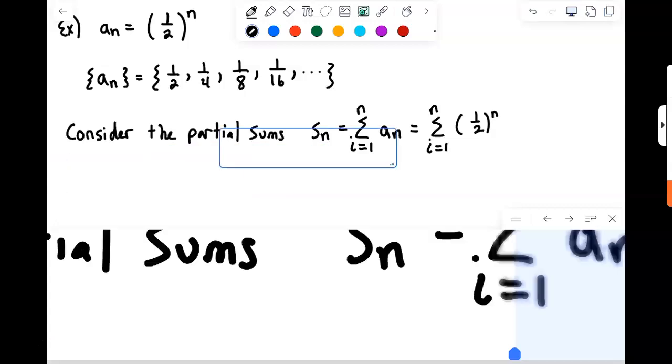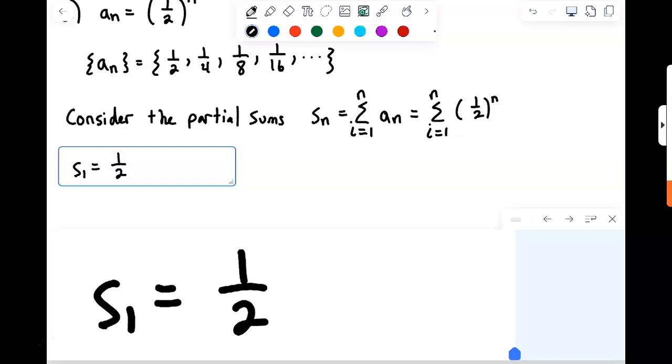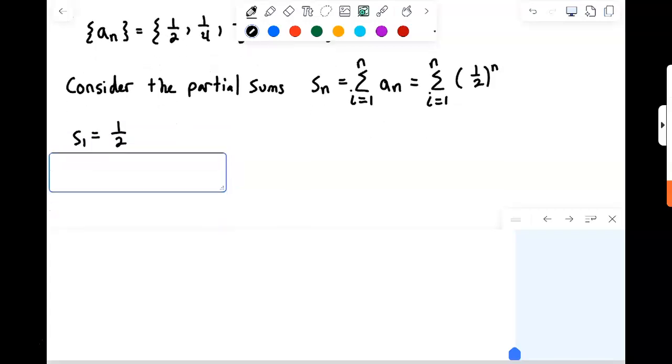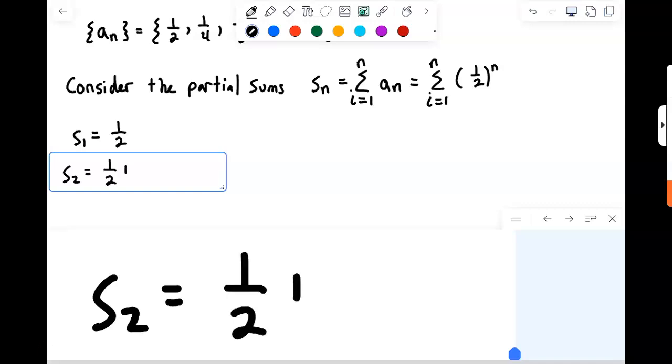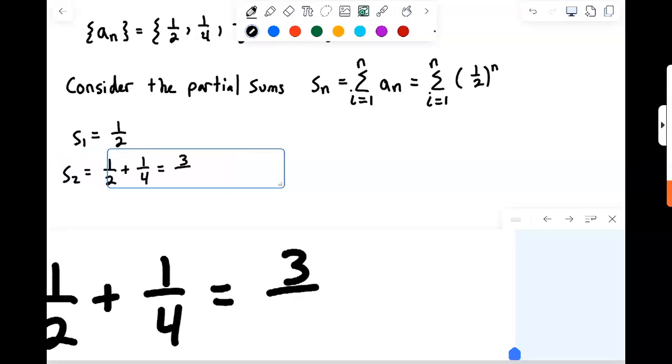Well, let's look at the first few sums of this sequence. S1 would just involve the first term, which is 1/2 to the first power, so 1/2. S2 would be 1/2 plus 1/2 squared, which is 1/4, so that equals 3/4.